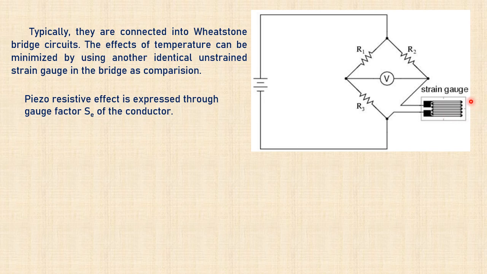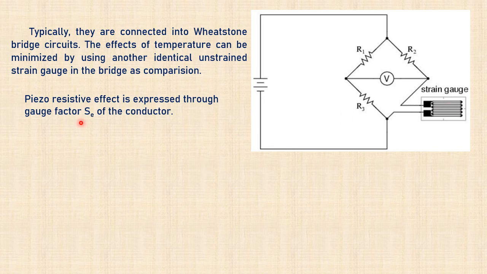We are applying the strain gauge to the specimen. The strain caused in the specimen is changing the resistance of this metallic grid. Now when the resistance changes, the excitation signal is getting modified, or the current in this network is getting modified.